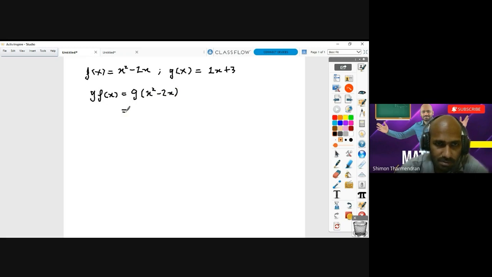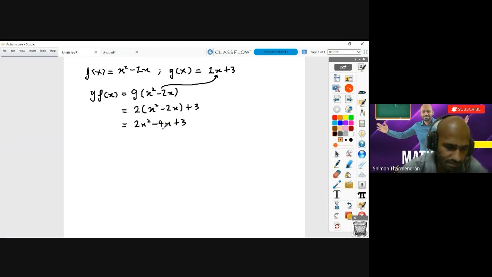According to the rule of function, this replaces into the function of g now. So we've got 2 into x squared minus 2x, and the constant we just rewrite, there is a plus 3 over there. Expanding the bracket, this gives us 2x squared minus 4x plus 3.